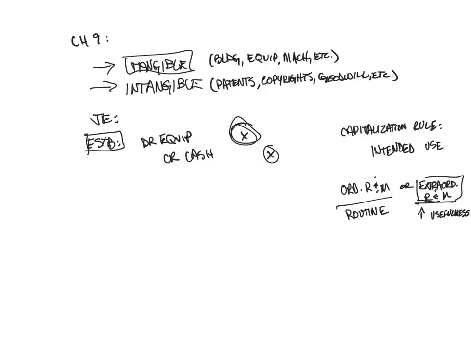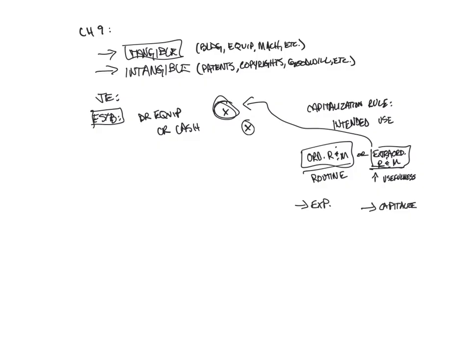The reason why we are concerned about ordinary repair and maintenance or extraordinary repair and maintenance is because if the repair and maintenance is considered extraordinary, it is added to or capitalized as an asset, okay? If it's ordinary repair and maintenance, it's expensed. So we expense when we incur the ordinary repair and maintenance. We capitalize the extraordinary repair and maintenance, which means we record it as an asset when we incur it.